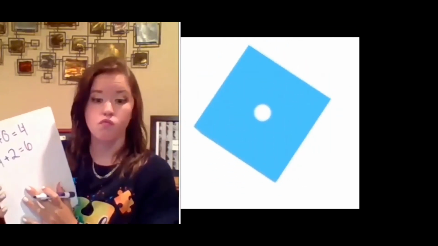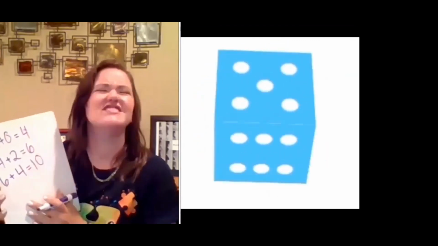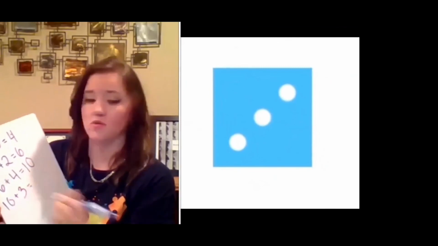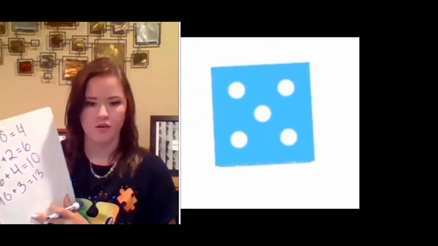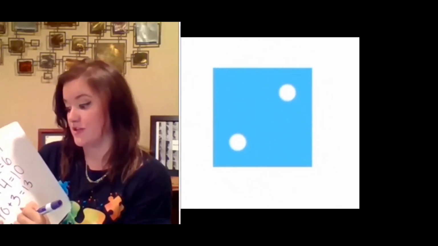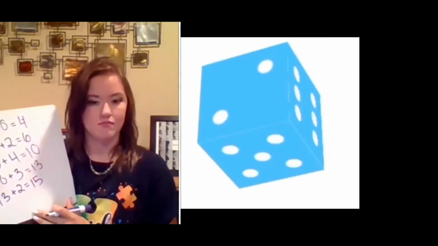So our next roll, 6 plus 4. We know that because that makes an even 10. Nice job. And because of our 10 plus math facts, we know 10 plus 3 equals 13. Nice job. So next, this is an easy one. 13 plus 2 is 15. Run out of room.